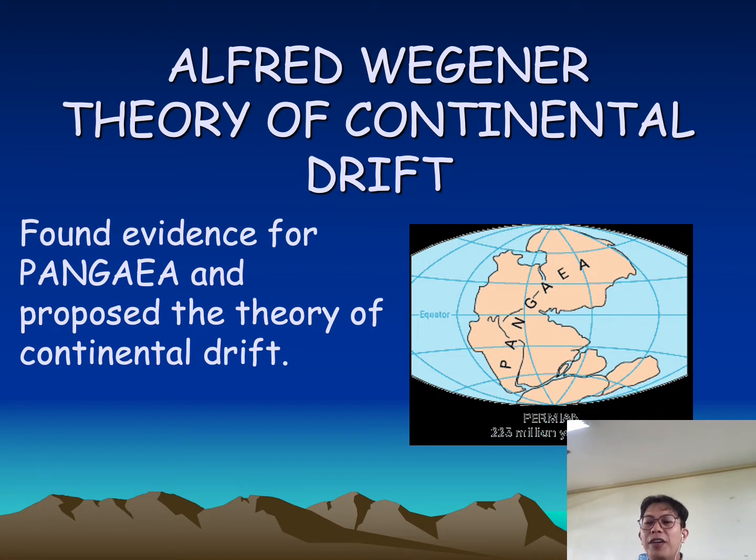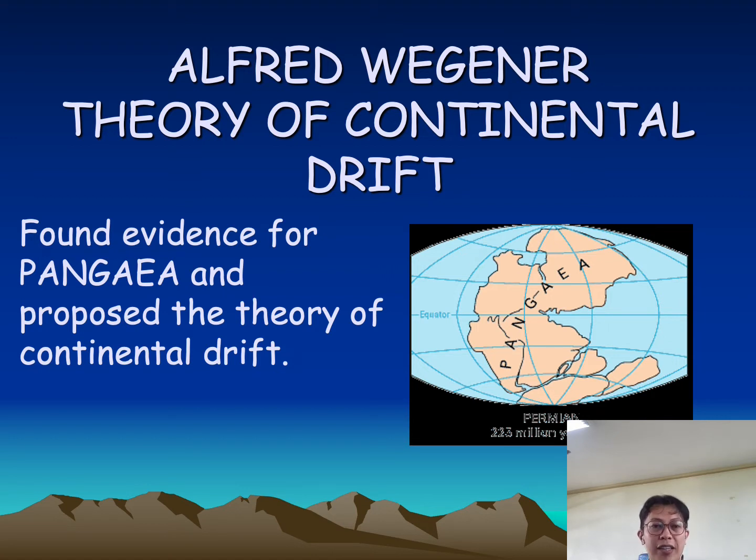Although we have learned from the past that there are scientists who try to explain the slab pull, the convection current, and the ridge push, there is this one scientist who explains that there is evidence that he can provide, which makes us believe that our Earth is really moving, and he called this theory continental drift.